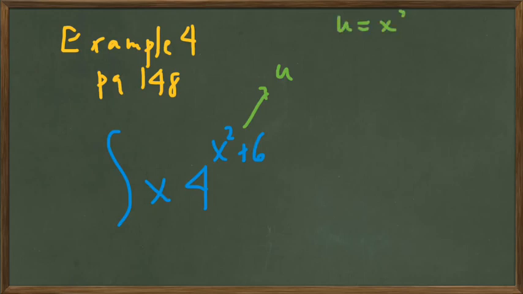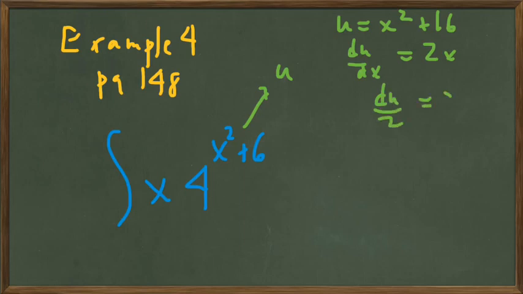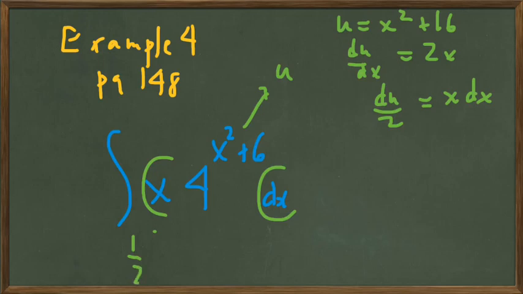So u is x squared plus 16, du dx is 2x, and du over 2 is x dx. So x dx becomes du over 2, and then instead of 4 to the x squared plus 16, it becomes 4 to the u.